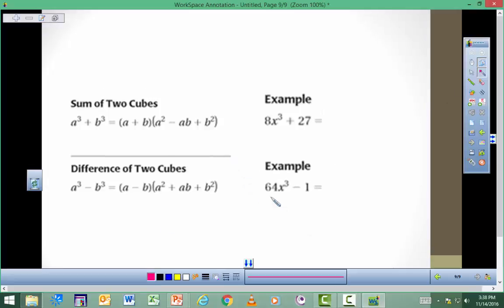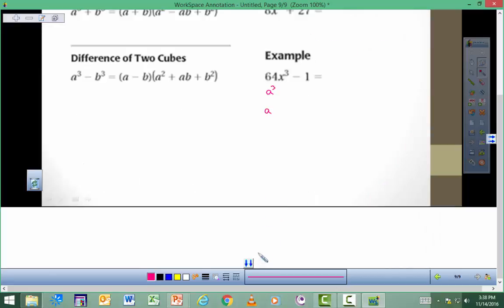So the first step is to recognize that this is a cubed number. 4 cubed, for example, is equal to 4 times 4, which is 16, times 4 again equals 64. And so if this is my a cubed, then what's a? Well, if that's a cubed, then a has to be 4x. Don't forget the x.